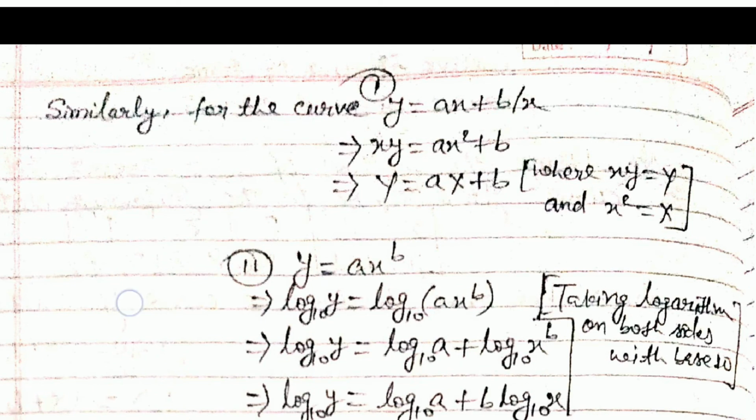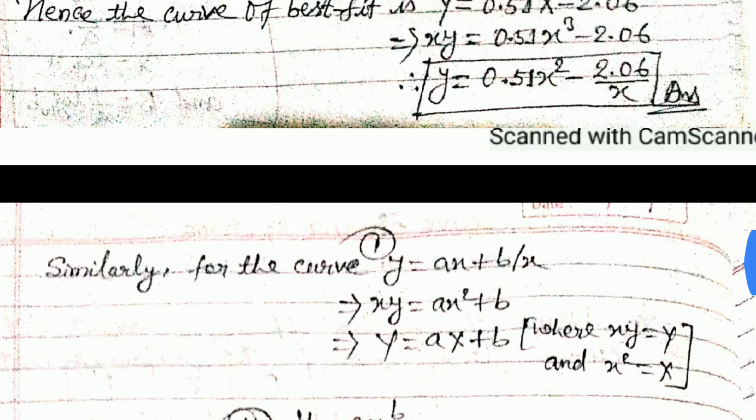See here, the first condition is y is equal to ax plus b by x. This is neither the equation of a straight line nor a parabola, but similarly, you can find it by observing the previous method.